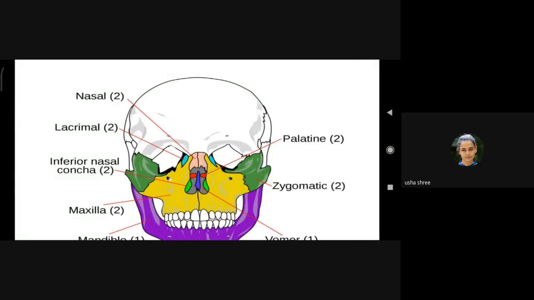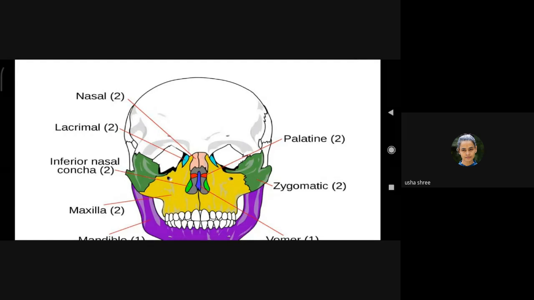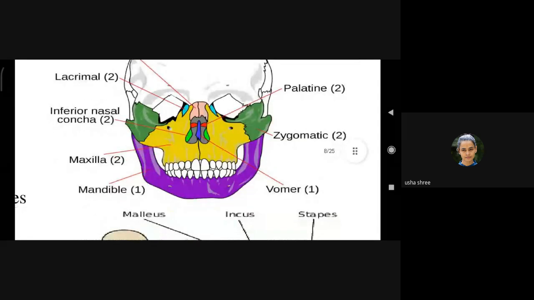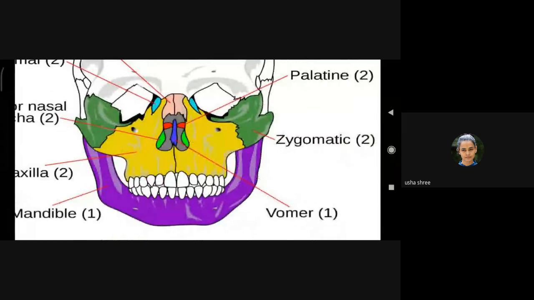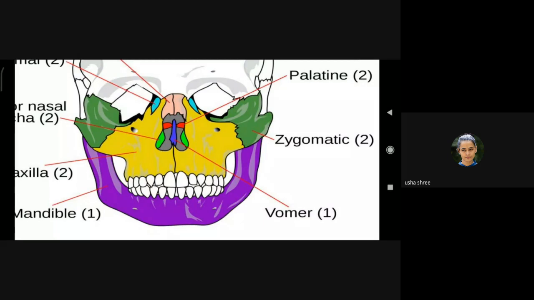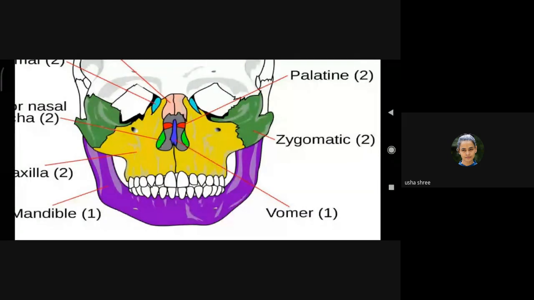And in between the nose, the bone which separates both sides of the nose is the vomer. You can see in the middle of the nose, the blue colored bone is vomer. And beside vomer, there are small red colored bones.